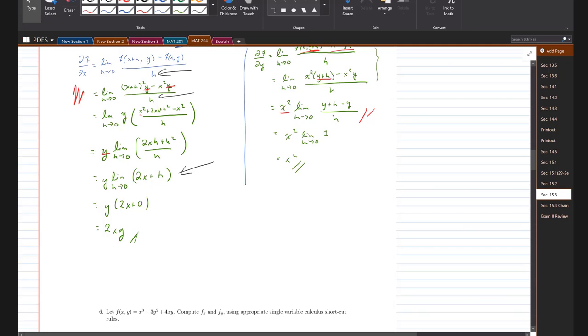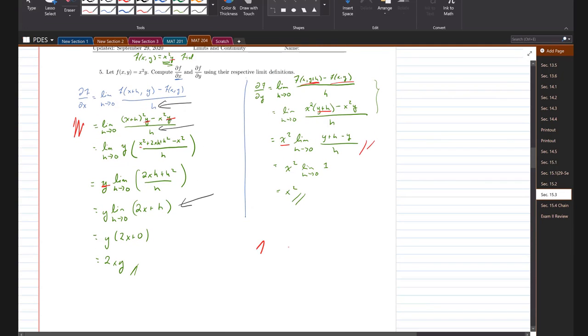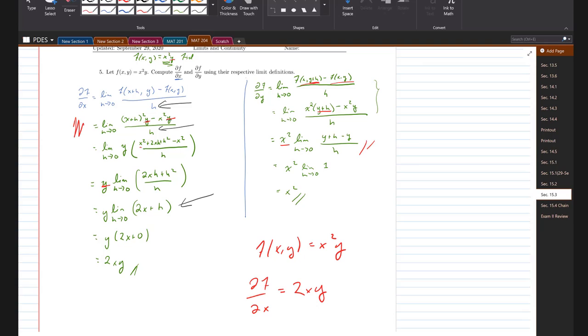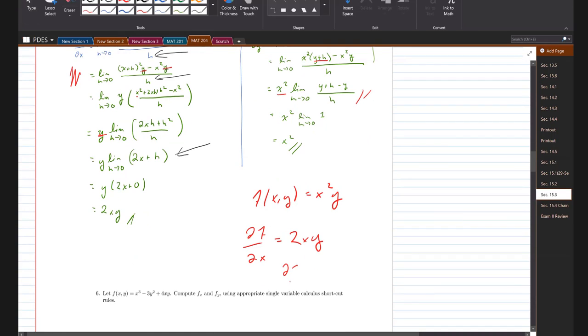Where is it? f of x, y is equal to x squared y. Folks, how do I calculate partial f, partial x? I treat y as a constant and take x's derivative. How do I take partial f, partial y? I take y's derivative, holding x as if it were a constant.